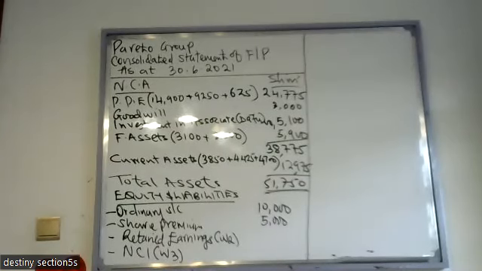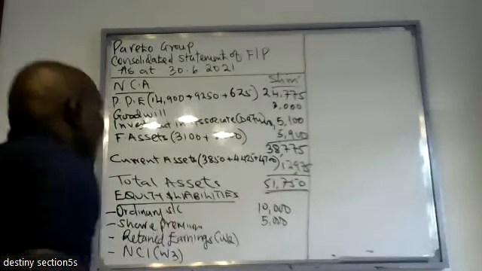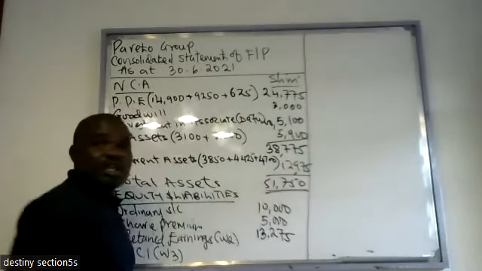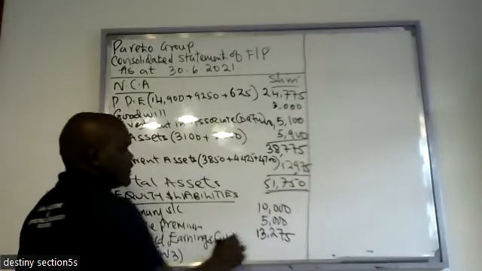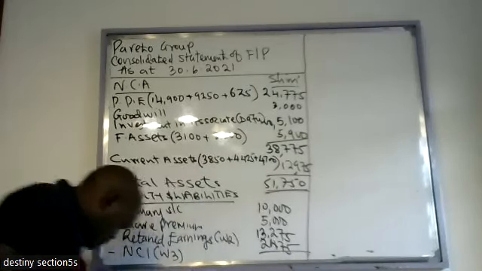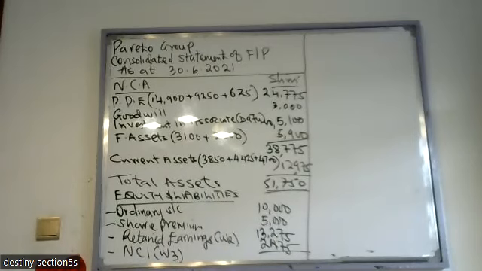The two figures we are already okay: 13,275, and this other one, 24,75. So total of equity, give me that figure. Total of equity.